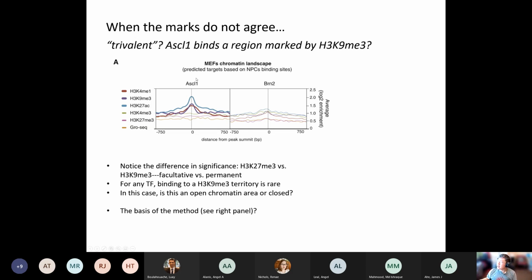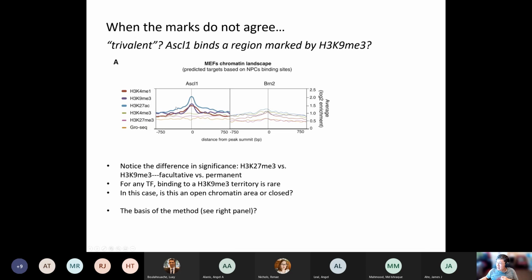So they're trying to find where one of the transcription factors used for reprogramming, called ASCL1, binds in the fibroblast genome. So they're trying to identify transcription factor binding sites in fibroblasts.